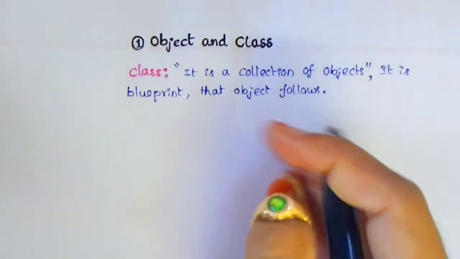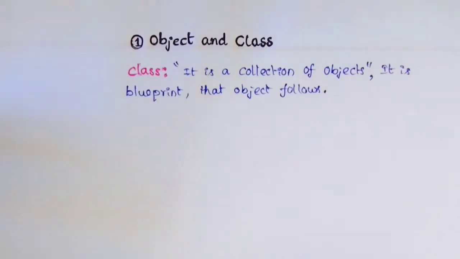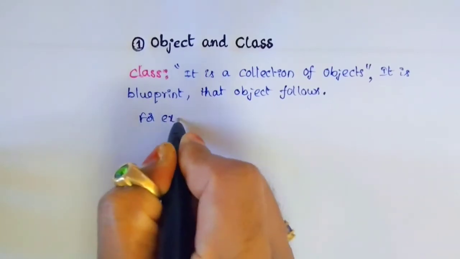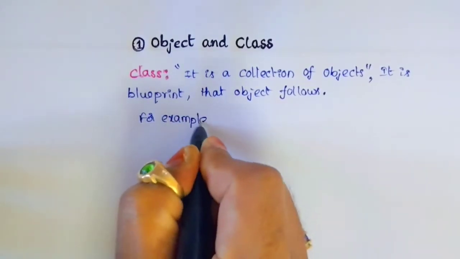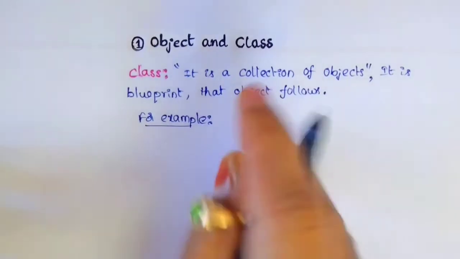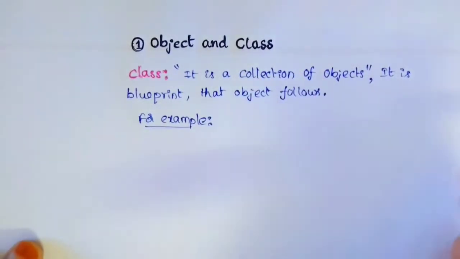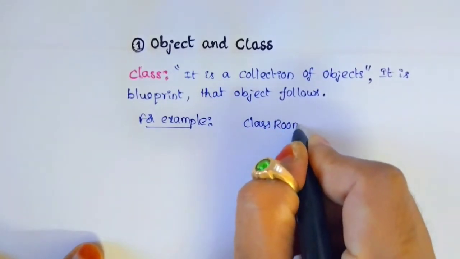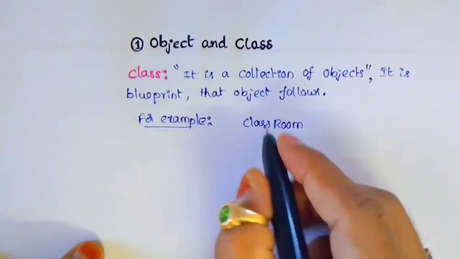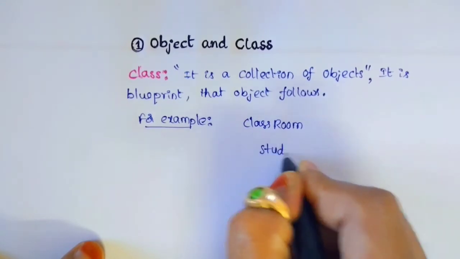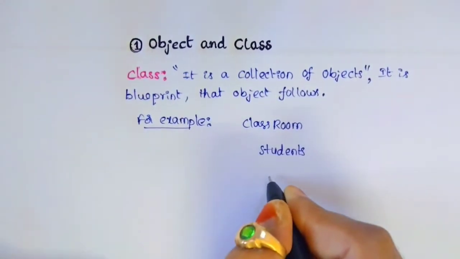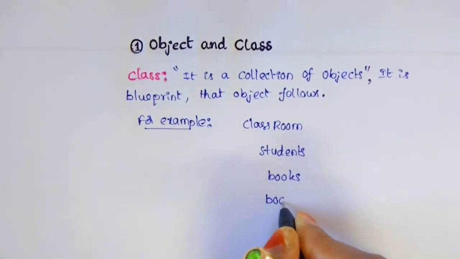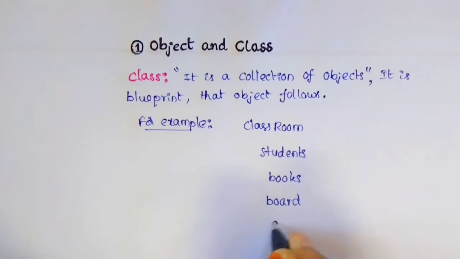Let's take an example. We'll get a clear idea. Take classroom as an example. Classroom has students, books, board, chairs.